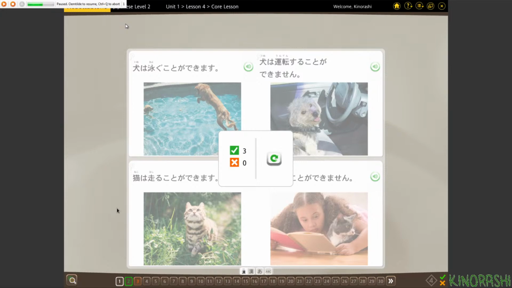So, America ni ita koto ga arimasu. I have been to America. I know America ni ite. Ita. Oh, ita. Yeah, I haven't seen that version of that conjugate before, but I know iku means to go. So I'm guessing this is a past tense.